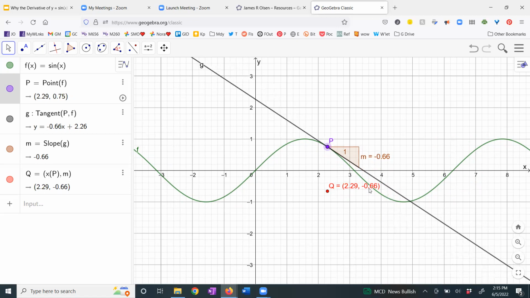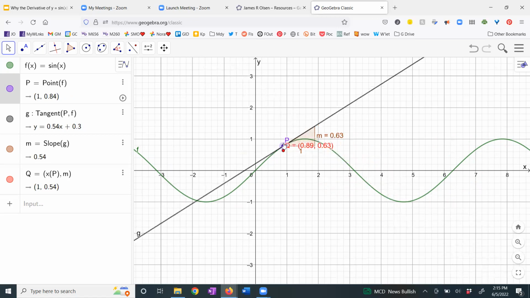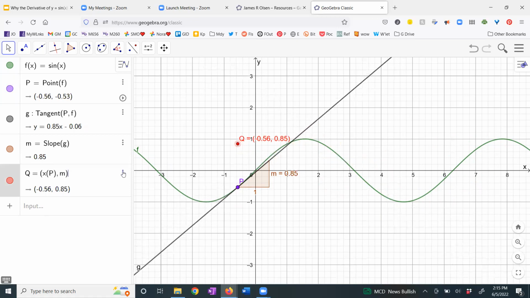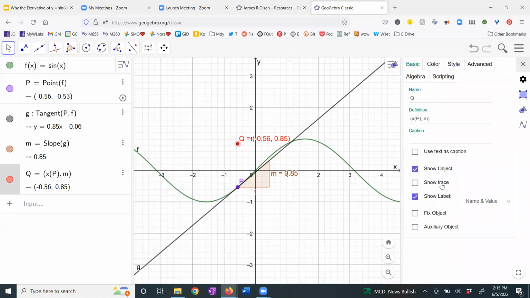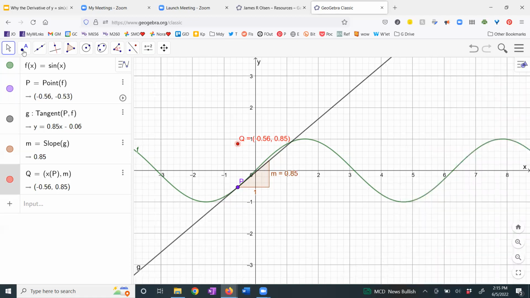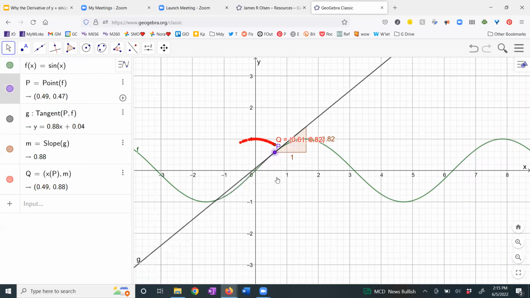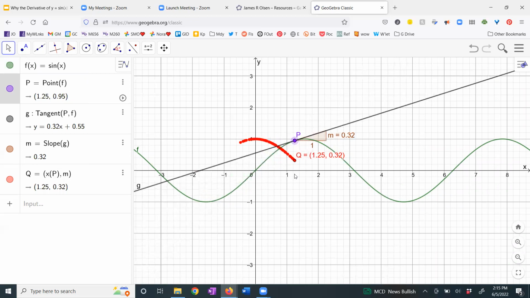Now what I would like to do is trace this out. And GeoGebra has a nice trace feature. And so we're going to go to the settings or the properties of point Q. And right here is trace. It's going to leave a rabbit trail. Let's see how well it works. Point P is my draggable point, and we can see that we are tracing out the derivative.